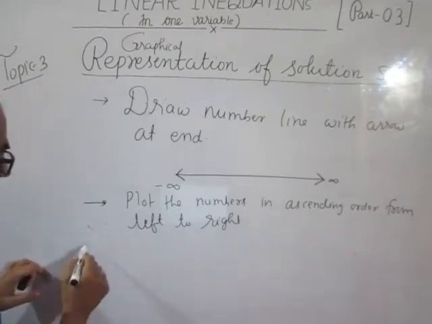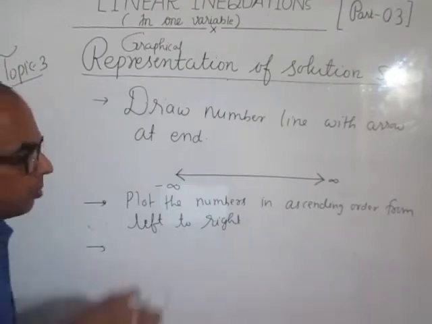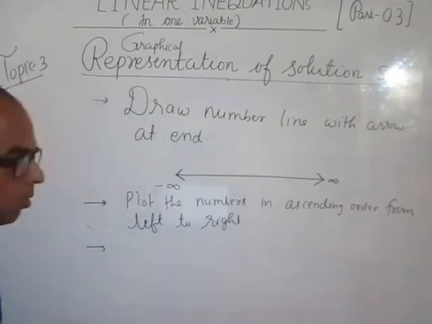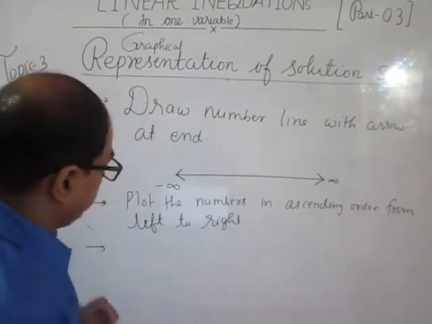Now during plotting you will get two types of point: open point and closed point.